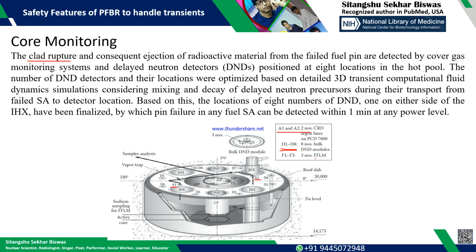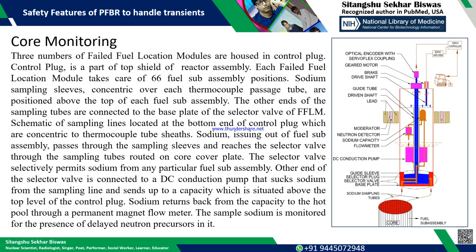Also there are the 3 failed fuel localization modules. This is one indicative representation of the failed fuel localization modules, which are housed in the control plug. Each failed fuel localization module can take care of 66 fuel subassembly positions.